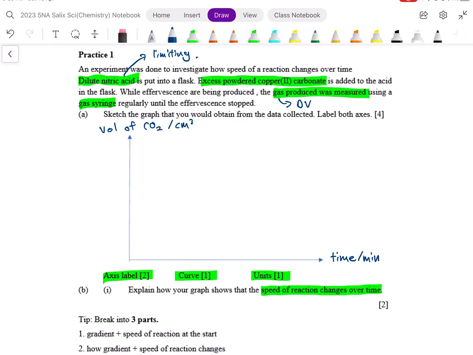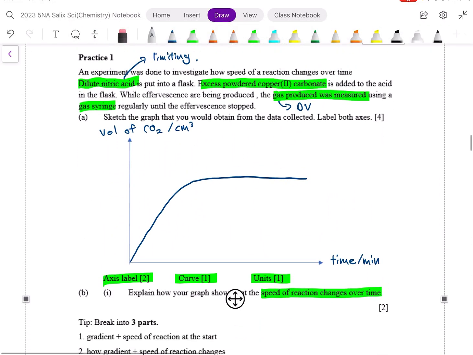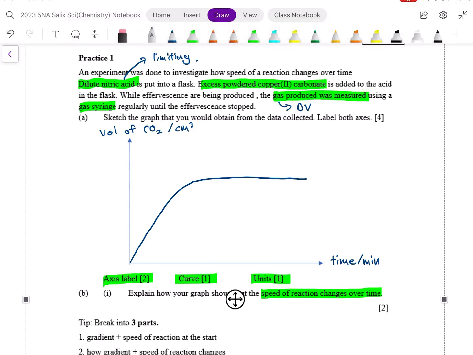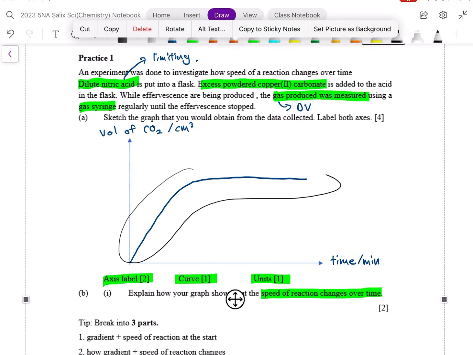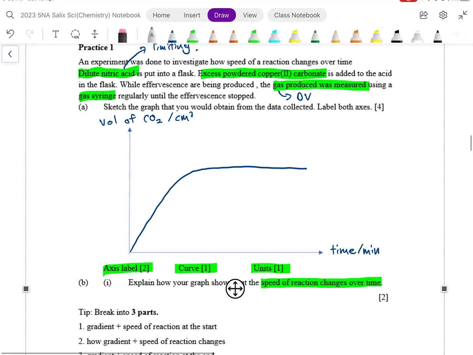You get 4 marks: 2 marks for axis labels, 1 mark for the curve, 1 mark for units. Remember that putting units is very important. This should be the increasing curve kind that eventually tails off. So there are 4 things you need: the units, the axis labels, and then the curve itself. This is worth 4 marks, a lot of marks actually.